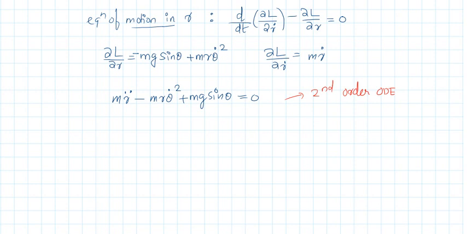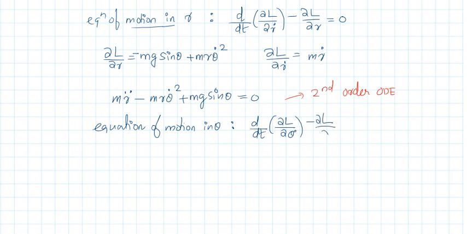Now, if you consider the equation of motion in theta, that will be d by dt of dou L by dou theta dot minus dou L by dou theta equal to 0. What is dou L by dou theta?